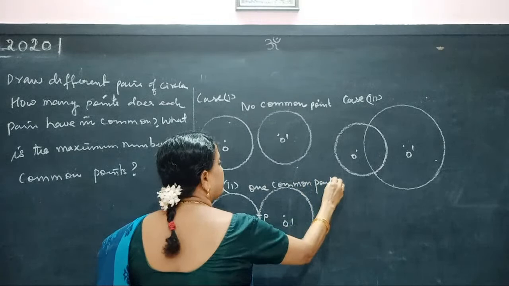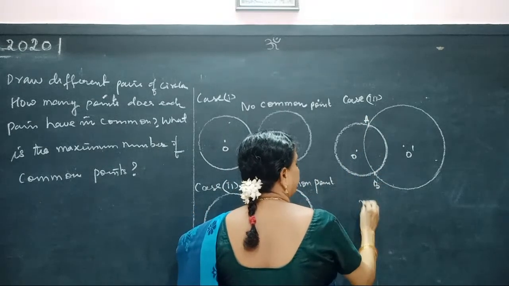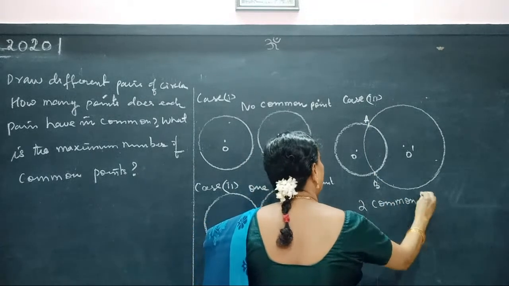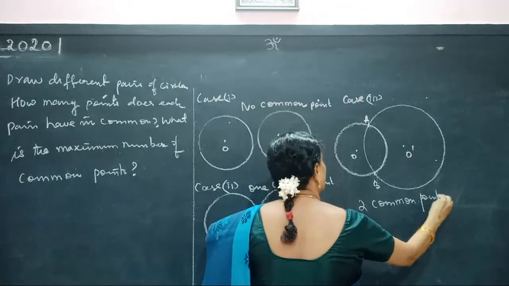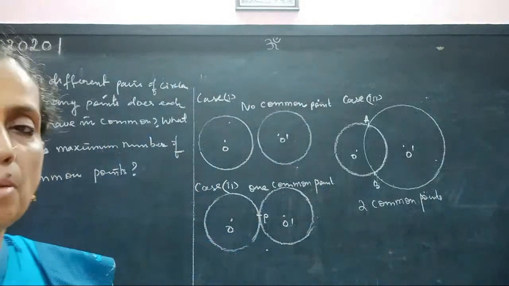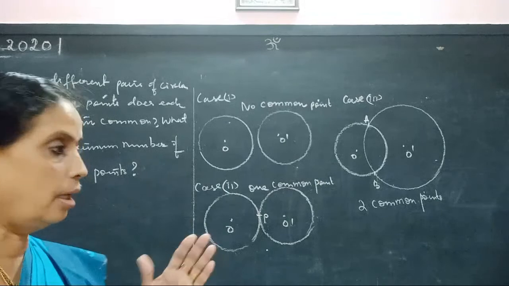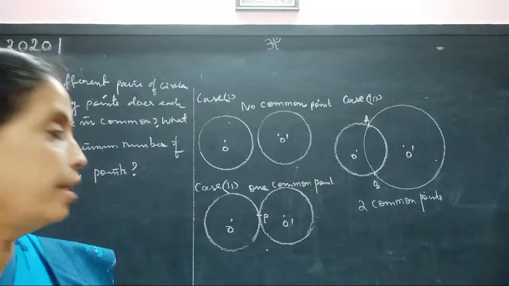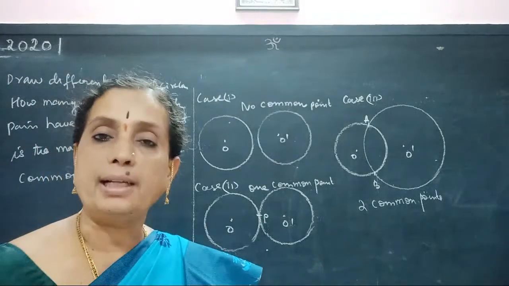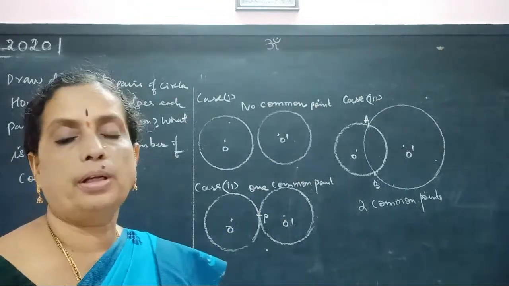Whereas in case 3, we have two common points. That means when two circles are apart, there is no common point. When two circles touch each other, there is only one common point. When two circles intersect each other, you have 2 common points.